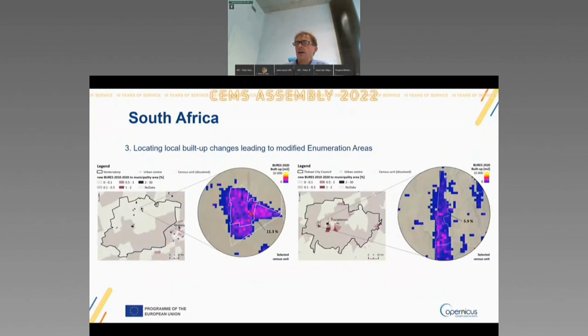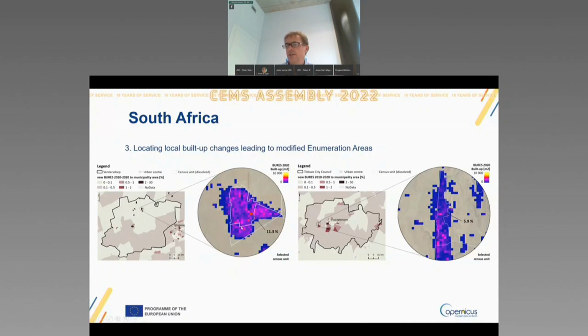And then in the next step, we really zoomed into those areas. You see here two examples of two small rural municipalities where we could really look into the different areas. This zoom in, I hope you see my mouse here, also shows built-up that was newly created in an area that was before only one enumeration area.